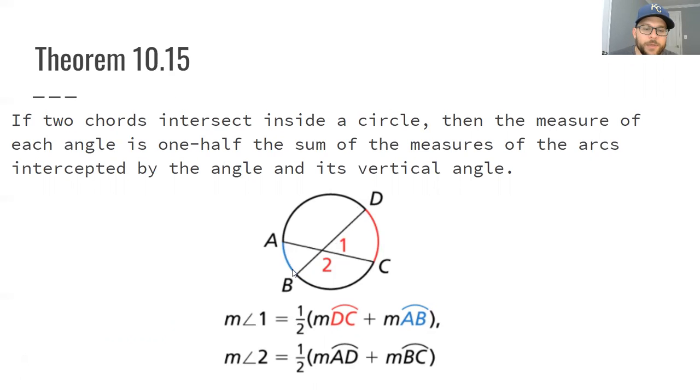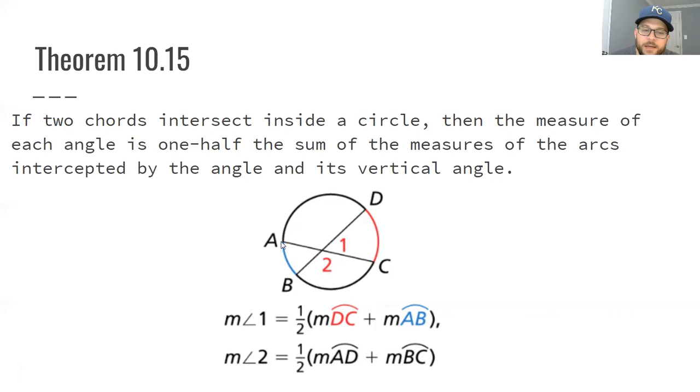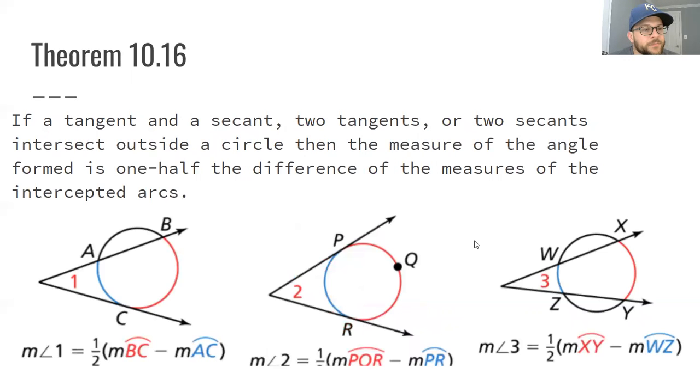If you take arc measure AB and arc measure DC, add them together, and then divide by 2, you will get the measure of angle 1, which is also the same as this vertical angle, because remember, vertical angles are congruent. For angle 2, the corresponding arc measures are BC and AD, because those are the ones that are touching it. So if you add the measure of arc AD and the measure of arc BC, and cut it in half, you get the measure of angle 2.